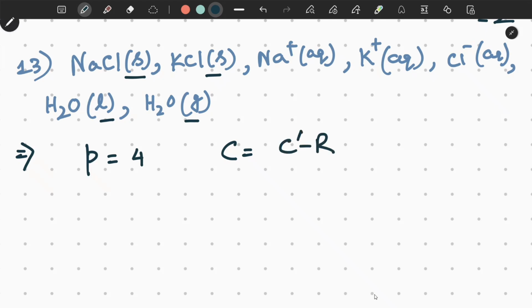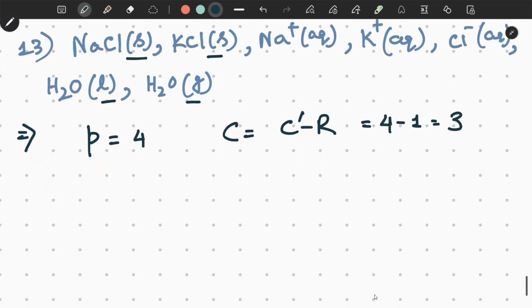Na+, K+, Cl-, and H2O. Yes. And restriction, one equilibrium.